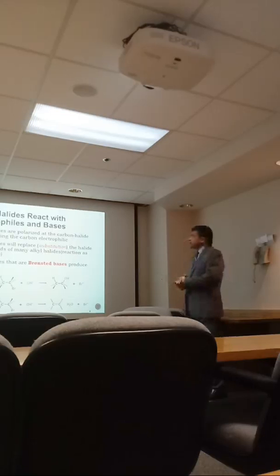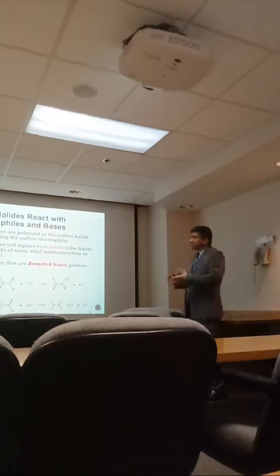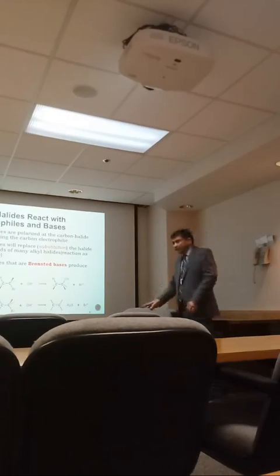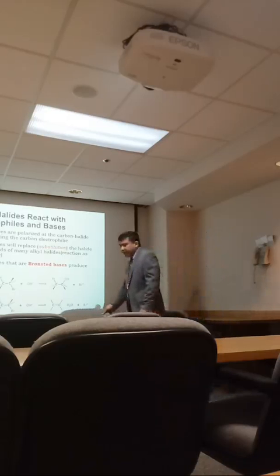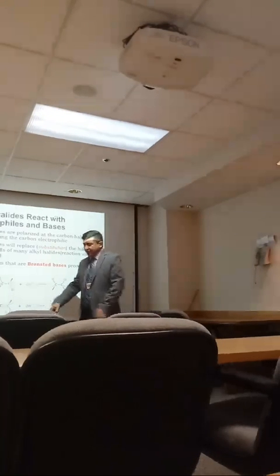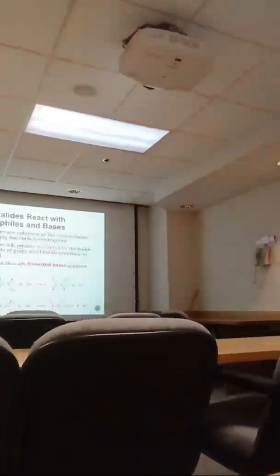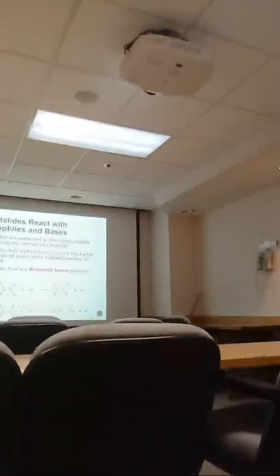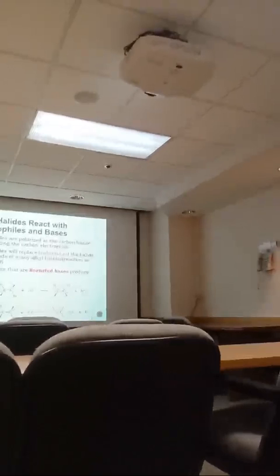We talked about how they are so reactive, and once they come in contact with other molecules, they start the reaction. And even with alkanes, which are not so reactive, they are able to replace the hydrogen and react with them.